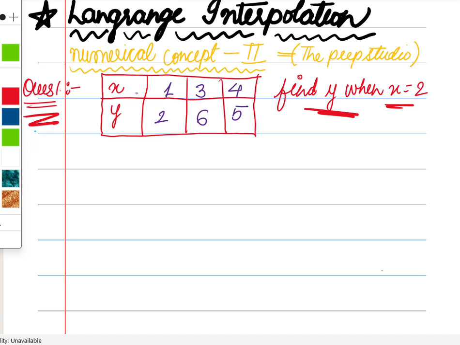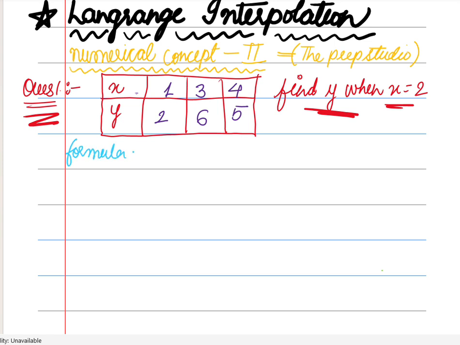Okay, so firstly I want you guys to write some formula, and मैंने बहुत ही easily explain किया था आप लोगों को ये formula भी वहाँ पे। For finding this data point, our formula is P of x is equal to L0(x) into y0 plus L1(x) into y1 plus L2(x) into y2, right?